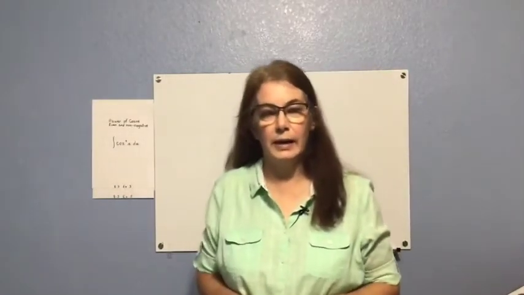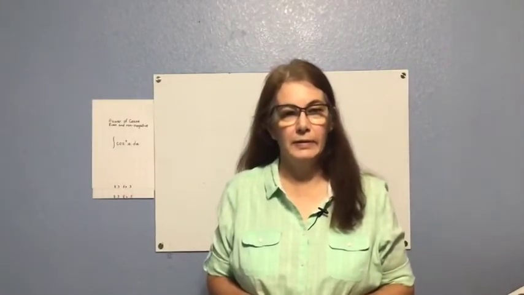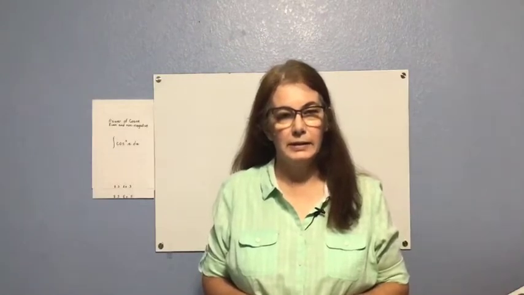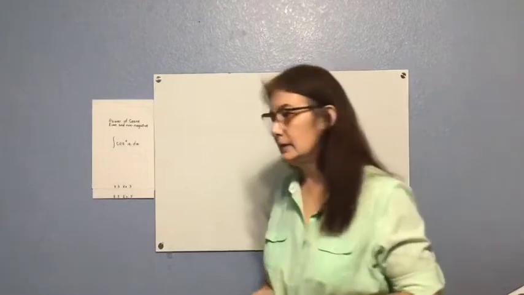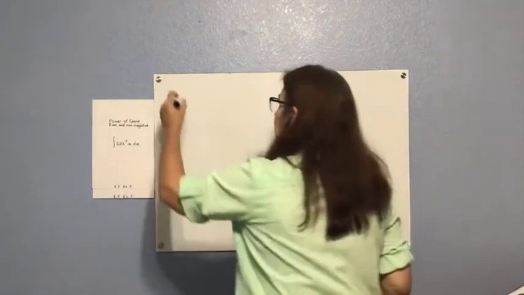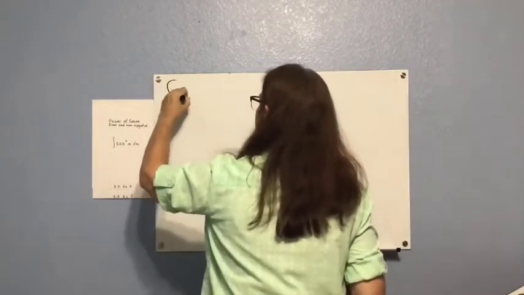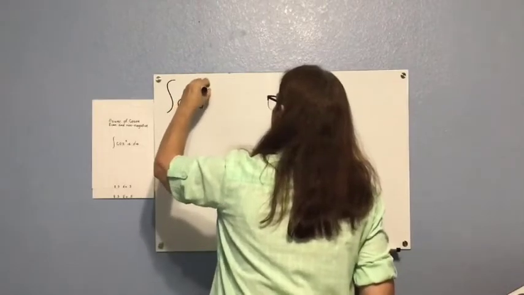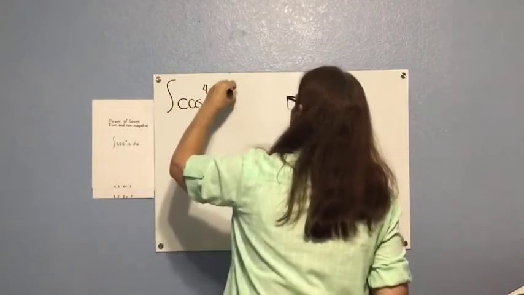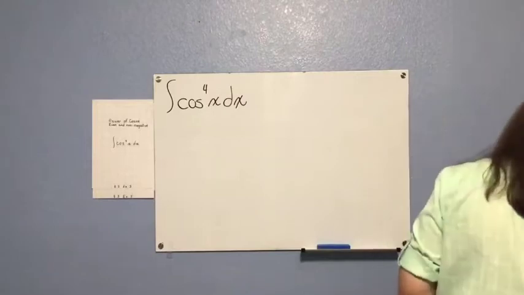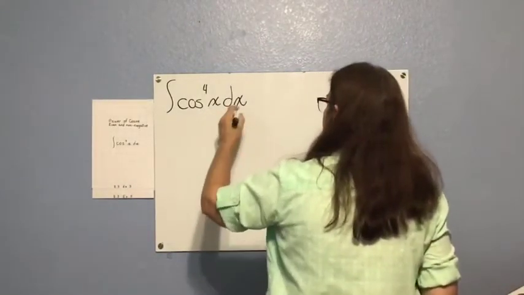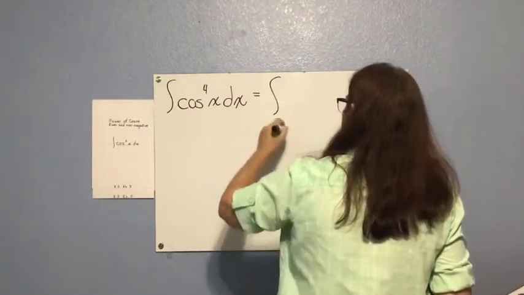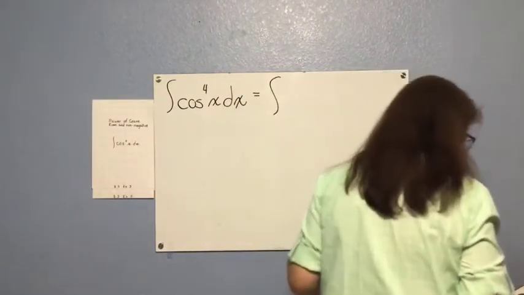In our next example, we're going to look at what happens if the power is even and non-negative. So we're going to be looking at this problem. And we're going to replace this cosine to the 4th x like this.